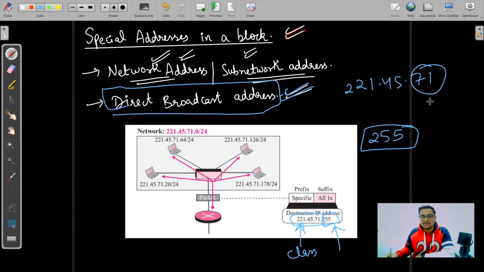So for this 71 network, this is the last IP address. If we send a packet from the outside world to the network using this IP, the packet will be distributed and broadcasted among the whole network. So that is the case for the direct broadcast address.